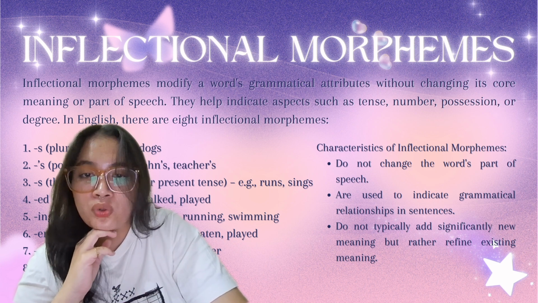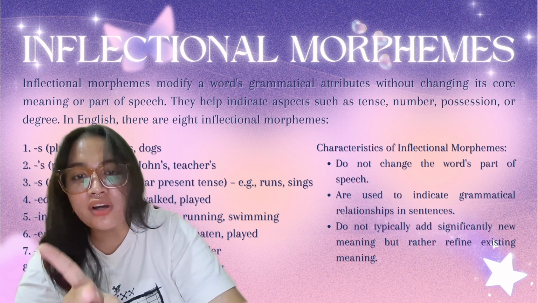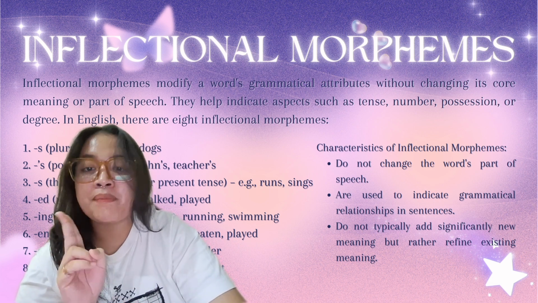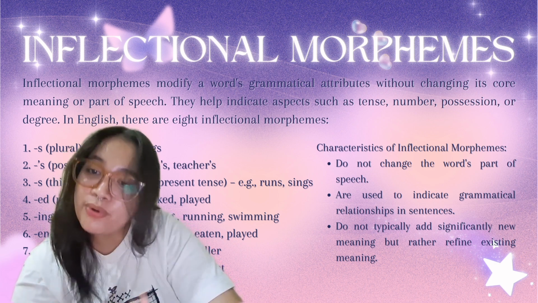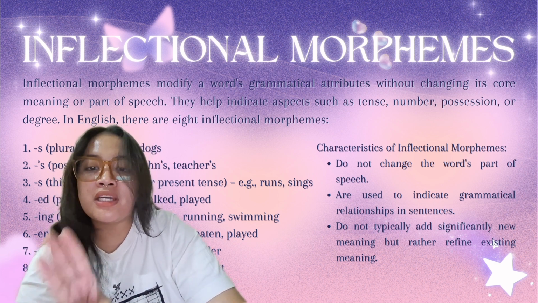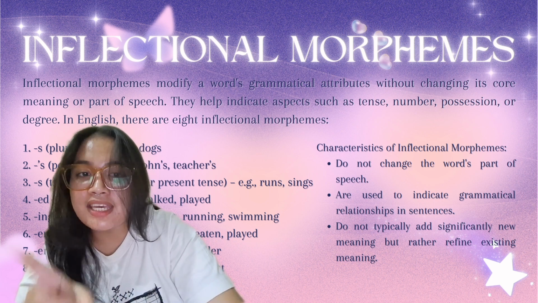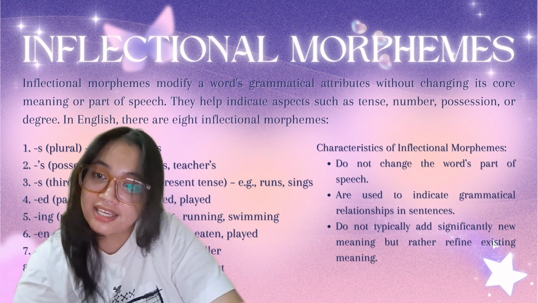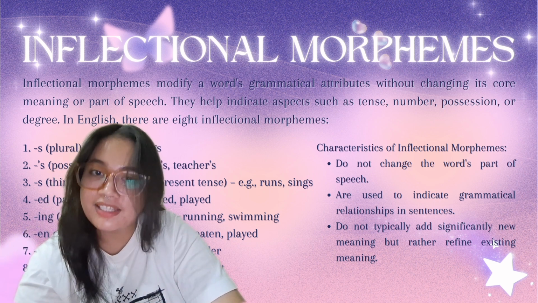Number 1, plural. For example, cat to cats, dog to dogs. Number 2, possessive. Example, John's house, teacher's book. Number 3, third person singular present tense. She runs, he runs, she sings, he sings, it eats.